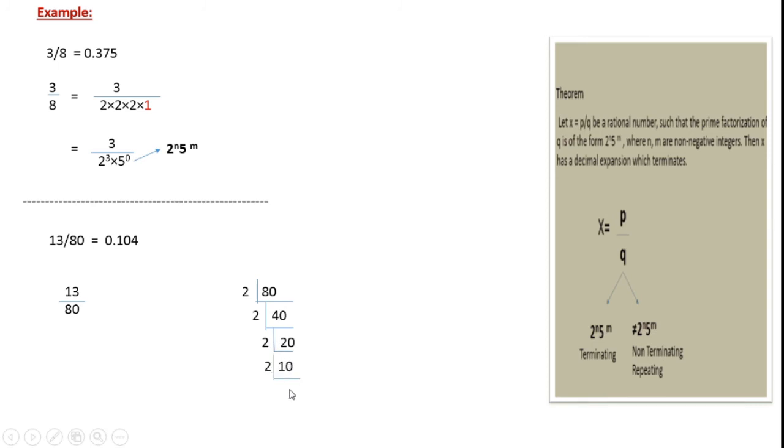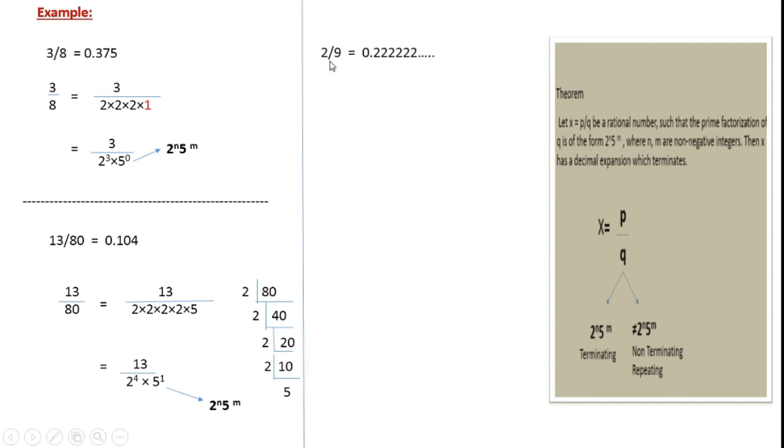Now 2 and 5. So the prime factorization is 2 into 2 into 2 into 2 into 5, that is 2 to the power 4 into 5 to the power 1. So it is of the form 2 to the power n, 5 to the power m. So it is terminating.